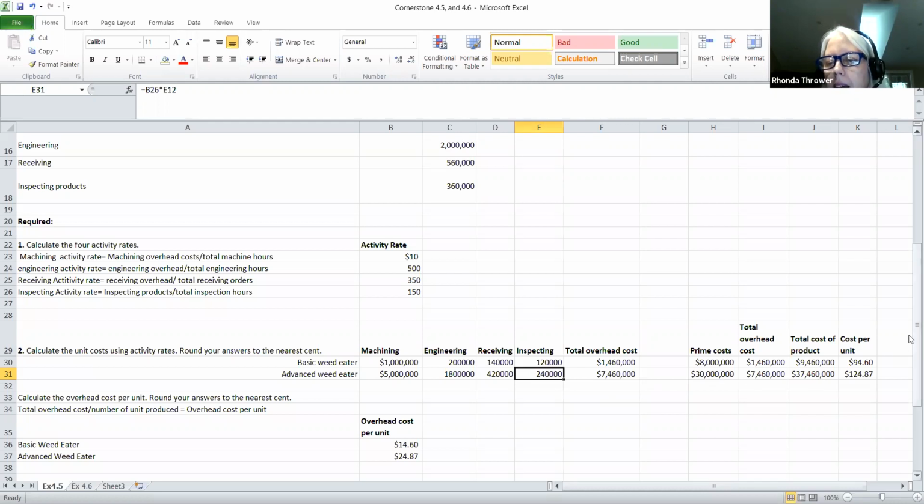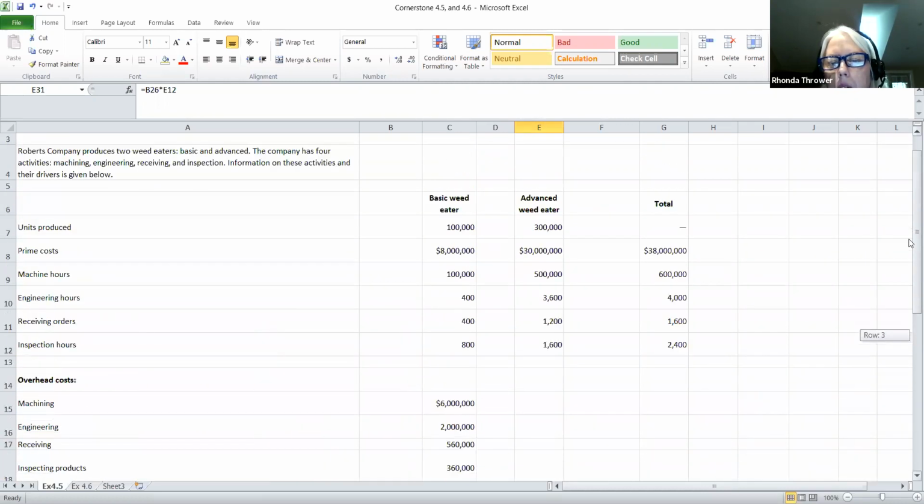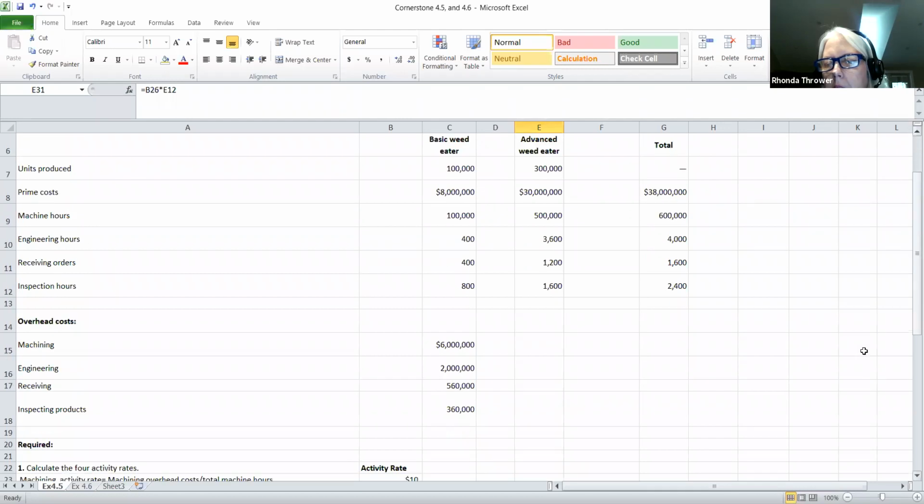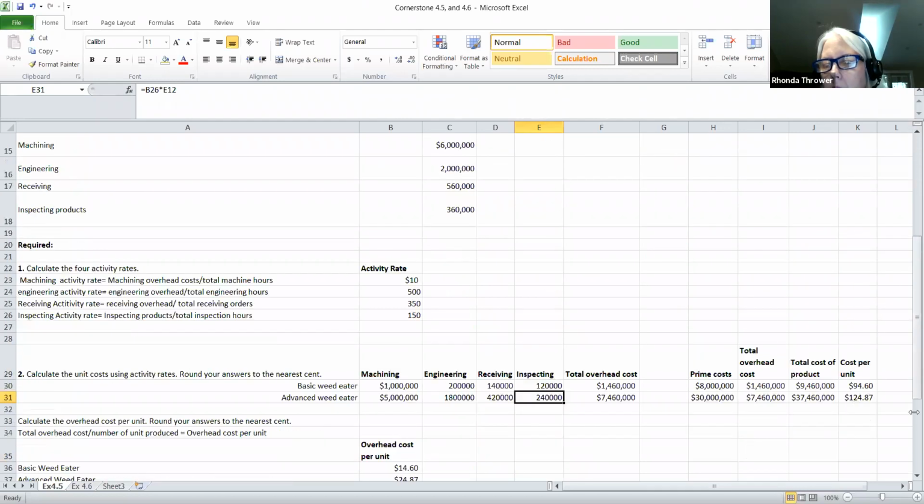We would divide that by the number of advanced weed eaters that we produced, which was given up above at 300,000, and that will leave us with the cost per unit of $124.87.